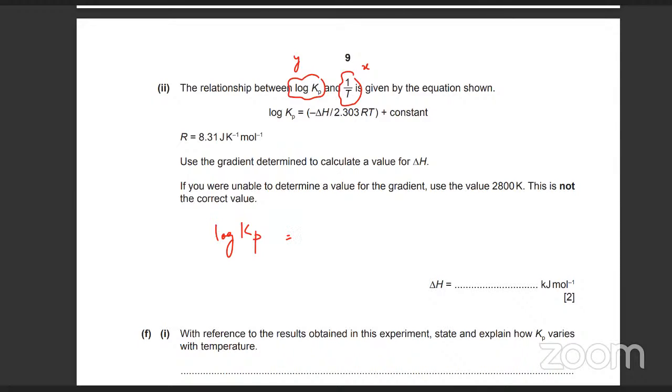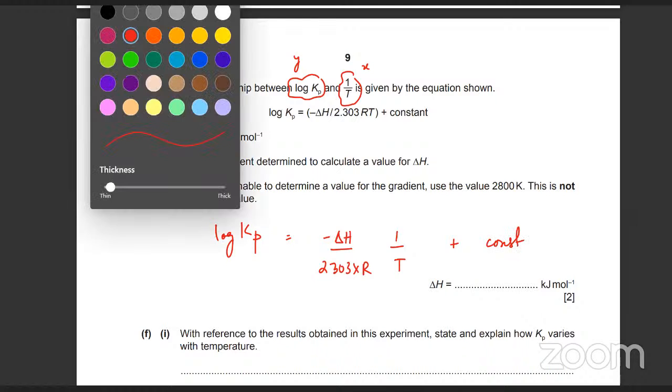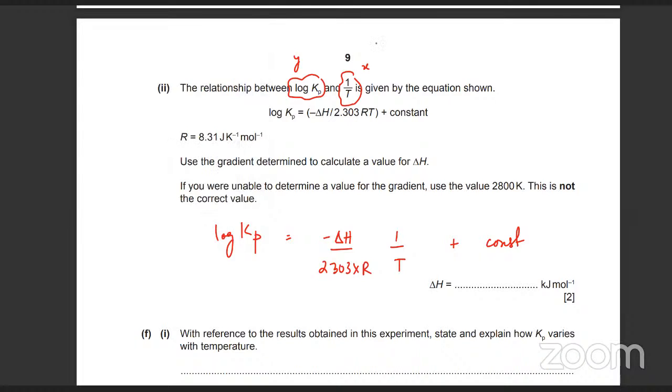So log Kp is equal to minus delta H divided by 2.303 times R, over T. So there's 1/T. I'm just writing it separately, plus a constant. Now remember, make sure you know how to compare equations with y = mx + c.